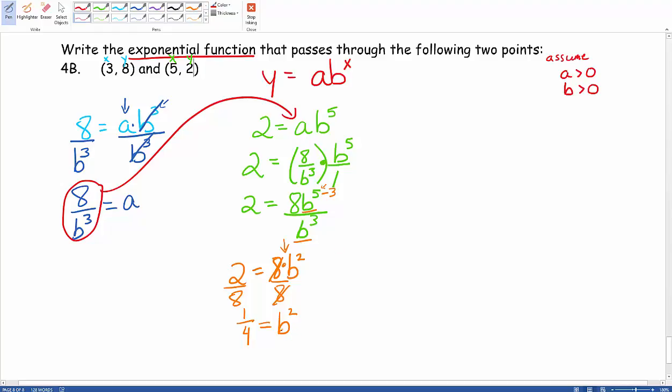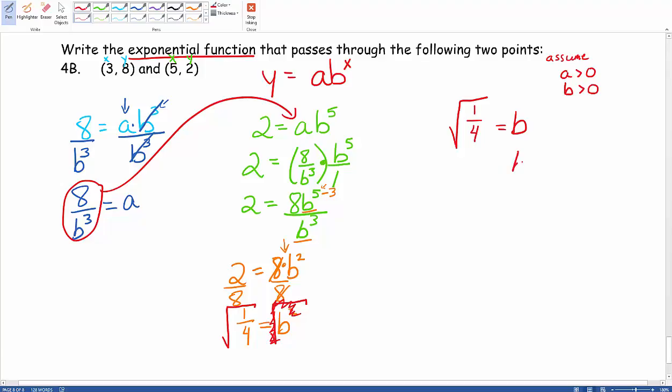Next, what we want to do is take the square root of both sides. And when we do that, our square root cancels off with our squared, leaving us with just our b value equals the square root of 1/4.